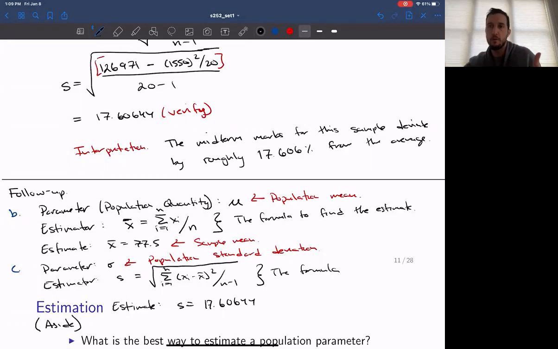And then your estimate would just be whatever you get out from the sample. And then you're just describing that process of moving from parameter to estimate, and also distinguishing between each of the values and defining what they are. So that's the purpose of that illustration, or of that question.